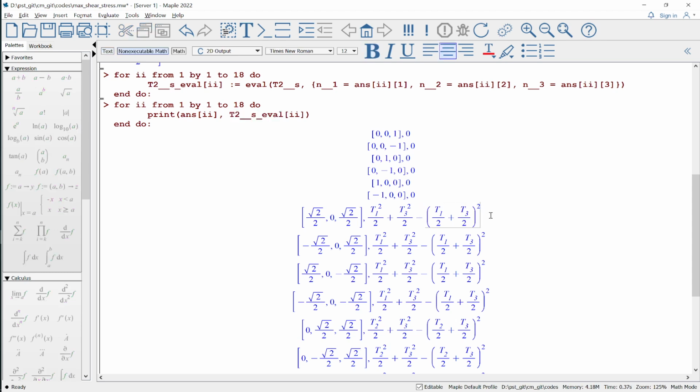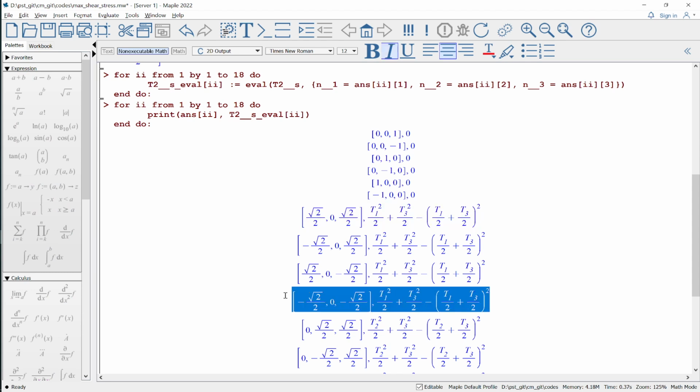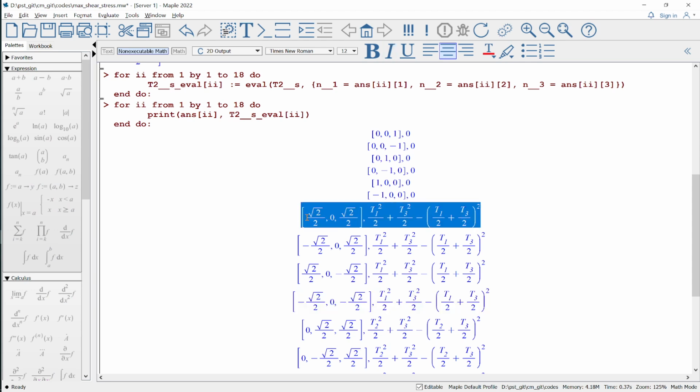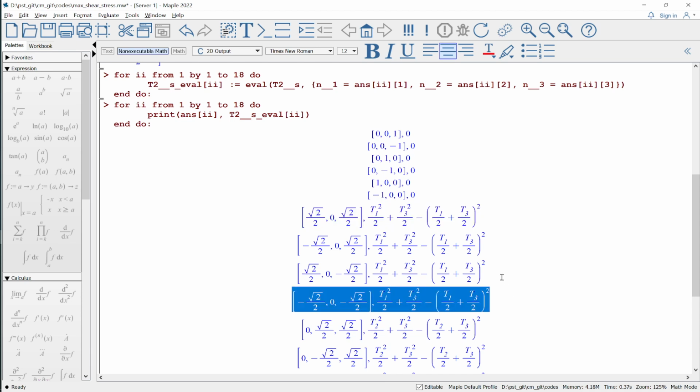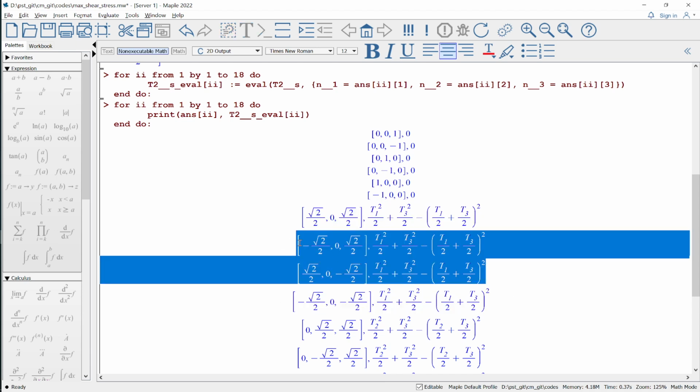So if I have this and this, they correspond to the same principal direction, because they only differ in a minus sign. So I have 3 from here. This is 4, and this is going to be 5, because they only differ in a minus sign.